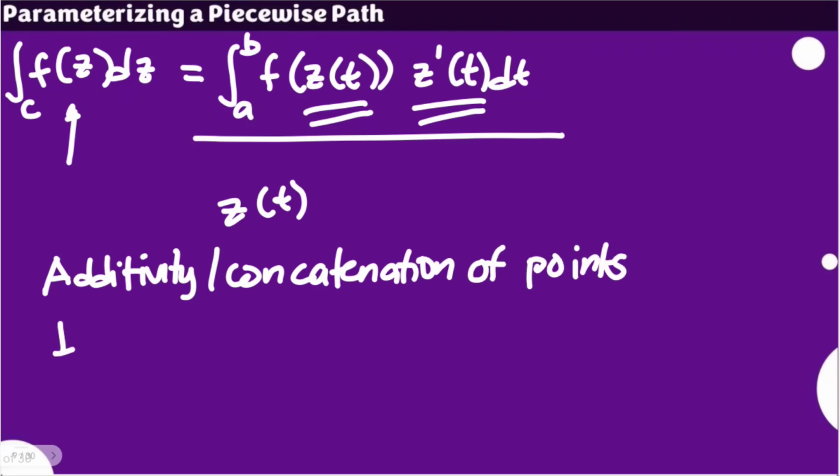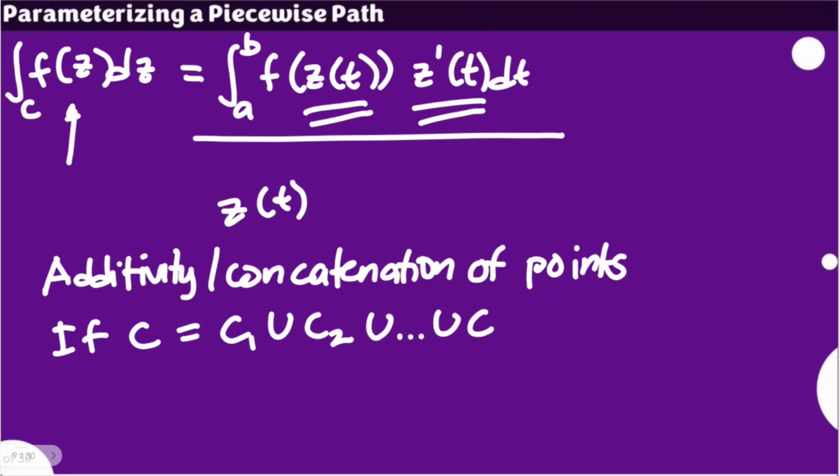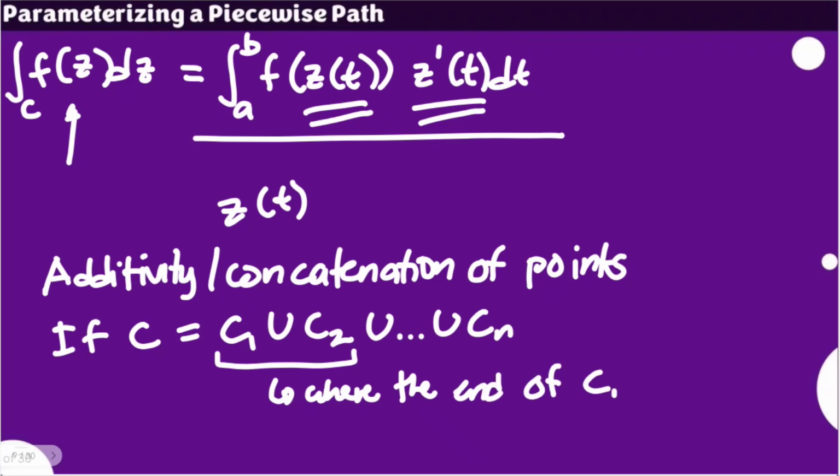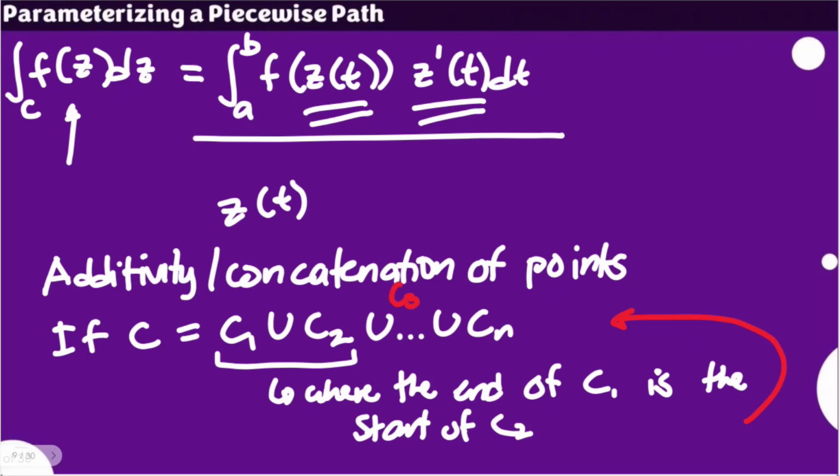It is said that if your path is actually a combination or a union of two, or in a general sense, n paths, as long as the end of C sub 1 is the start of C sub 2, and basically, if it follows for the rest, like if there is C sub 3 here, the end of C sub 2 is the start of C sub 3, and so on and so forth.